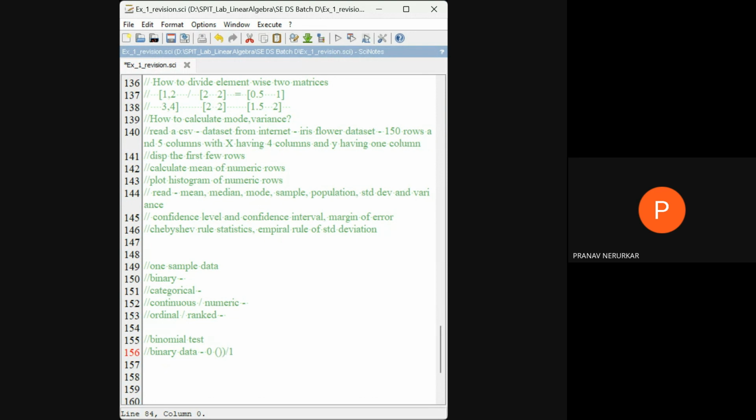Usually 0 is for the negative case and 1 is for the positive case. When the data is in this binary format, our binomial test will tell us whether the two cases, the negative case and positive case, are present in equal proportion or they are different from the equal proportion.